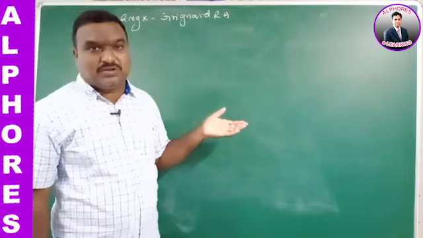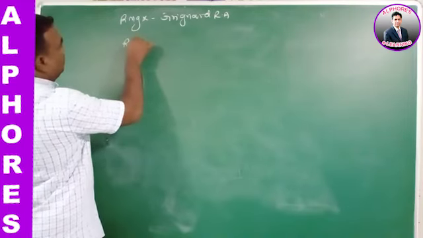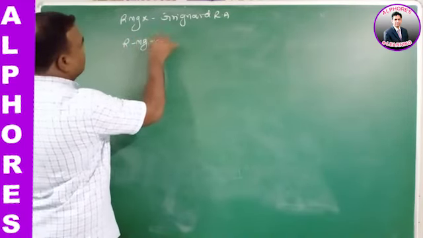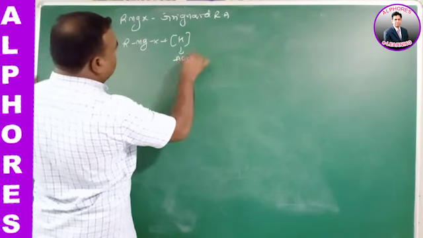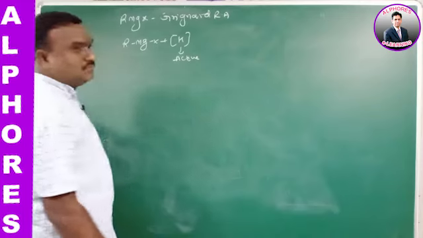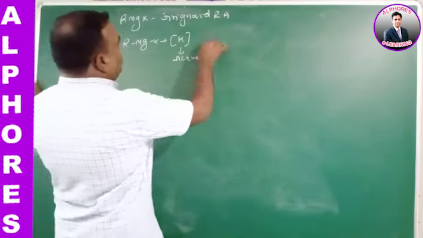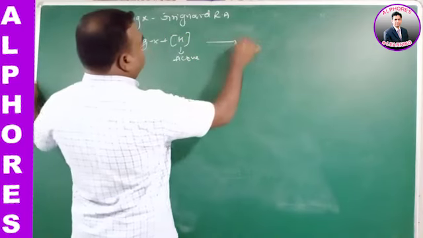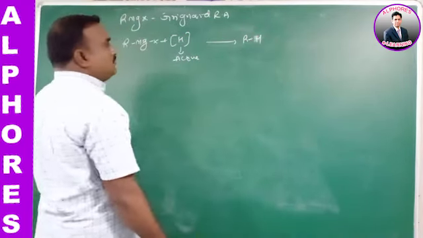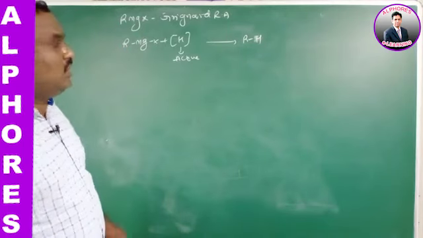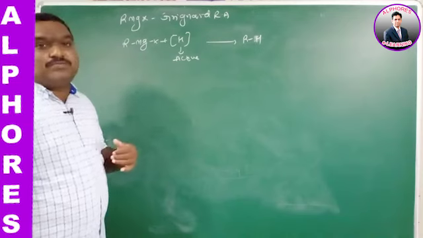Here the RMgX compound reacts with active hydrogen to form RH, alkane. So this is the way to write that product.